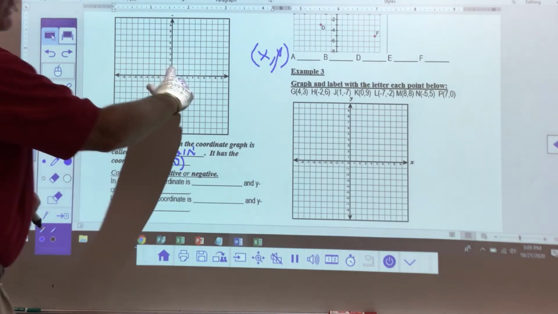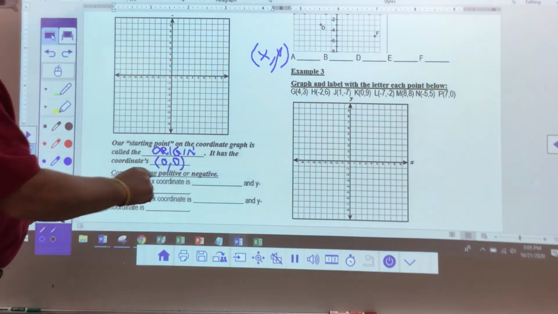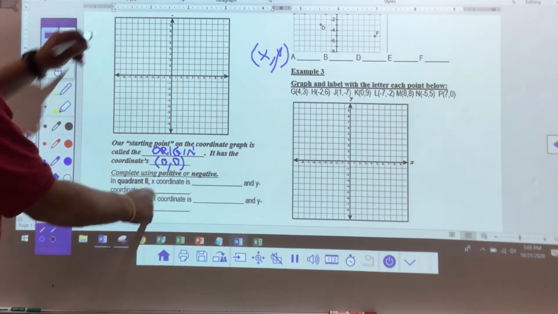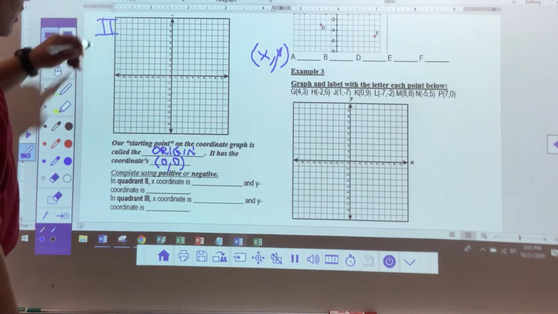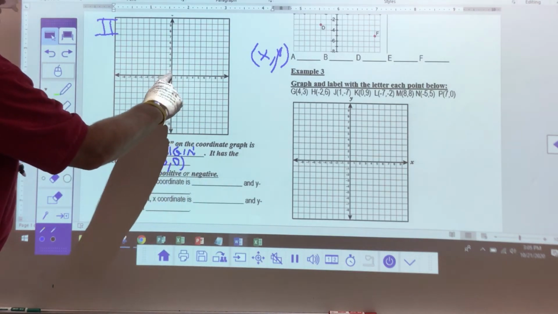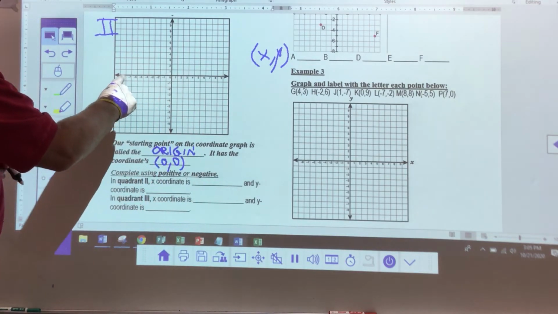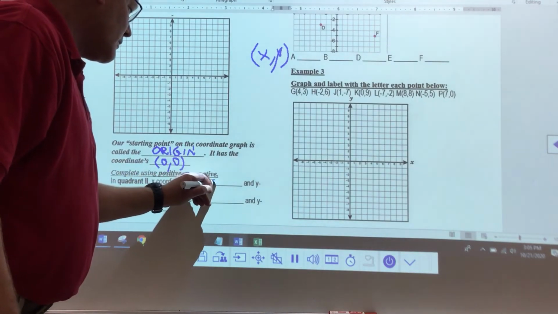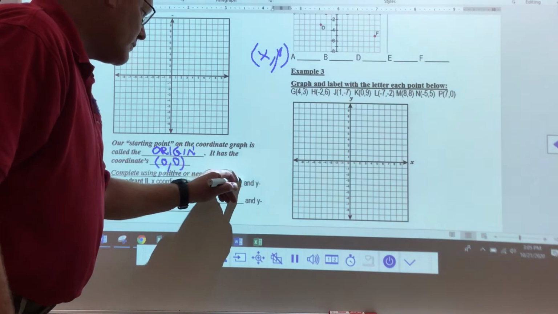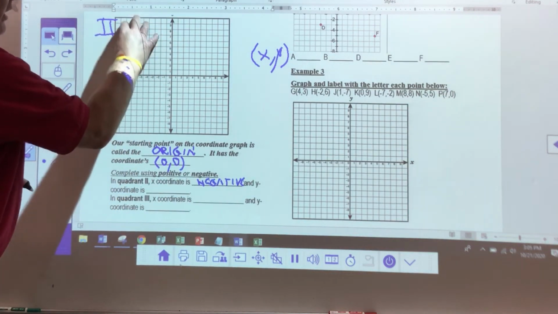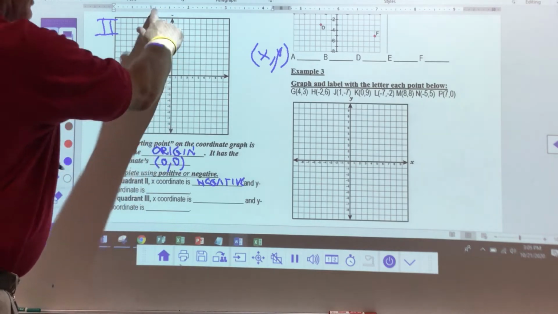If you notice about these coordinates, if we answer these questions, it says in quadrant 2, which is right over here, the x-coordinate is going to be, if we start here and go in that direction, negative. And our y-coordinate up here in this area is going to be positive because we're going to go up.